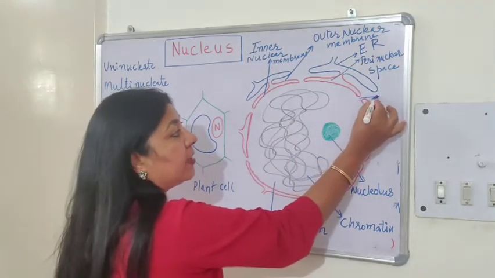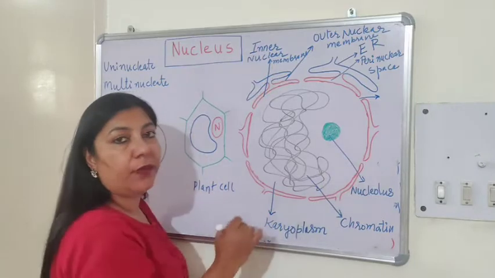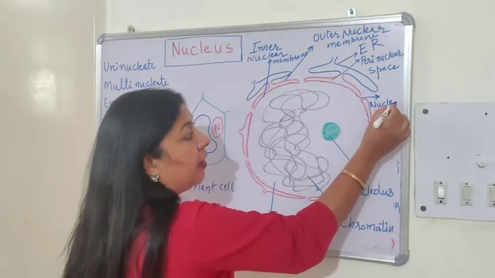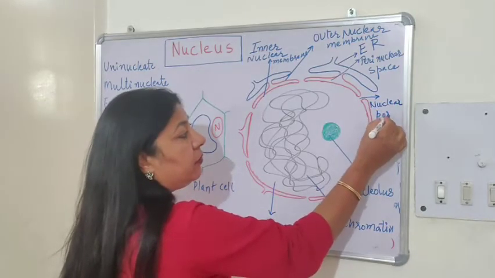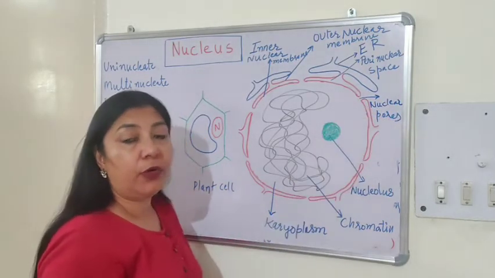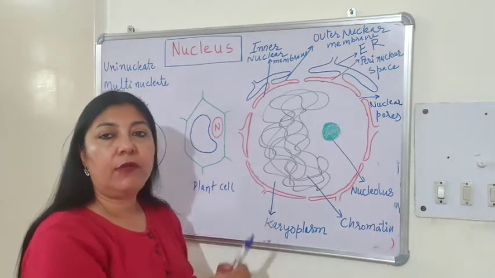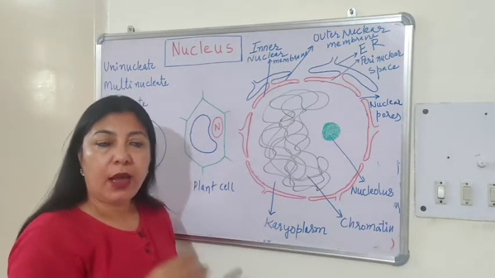At many places there are gaps, and these gaps are called nuclear pores. Through these nuclear pores, it keeps in continuation with the cytoplasm.